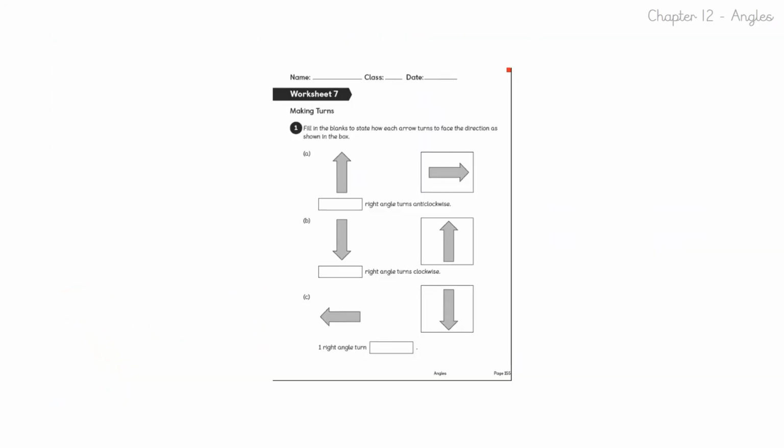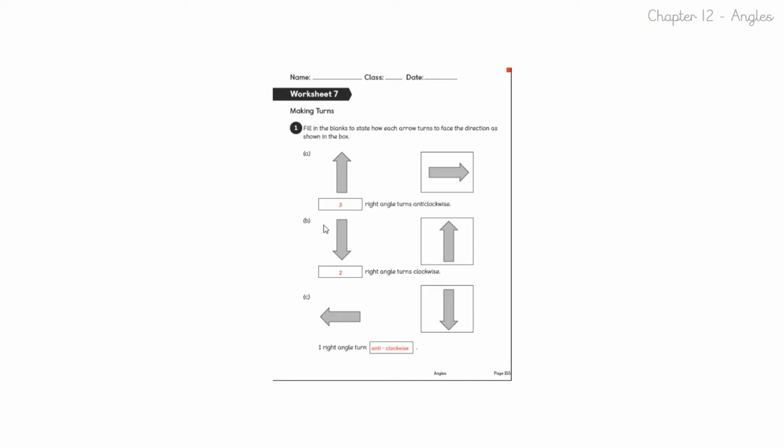We're going to start by marking yesterday's work. Let's have a look. We're on page 155, activity 1. So, fill in the blanks to state how each arrow turns to face the direction as shown in the box. Figure A needs to turn 3 right angles anti-clockwise in order to face these directions. So 1 right angle, 2 right angles, 3 right angles.